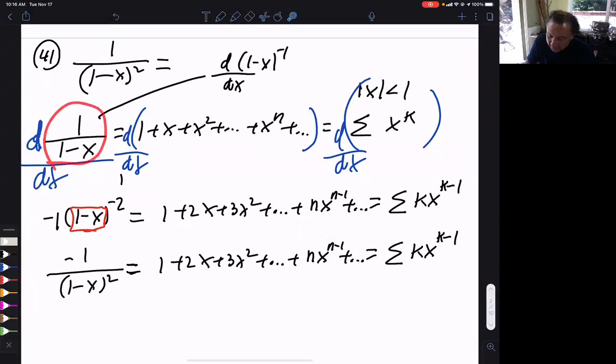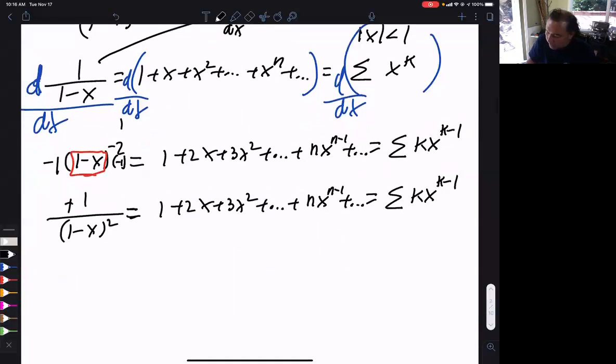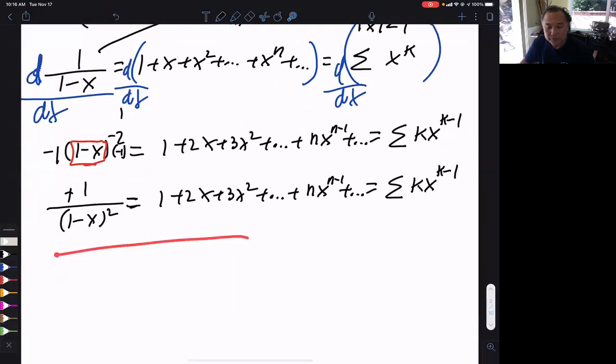And since it's not x to the negative 1, it's the box. So the negative 1 comes in front, which is here. Subtract 1 from the exponent, which is that. But then I have to multiply by the derivative of the box, which is negative 1. So I need a negative 1 here, which makes that positive. And that makes this the answer we're looking for, which is wonderful.